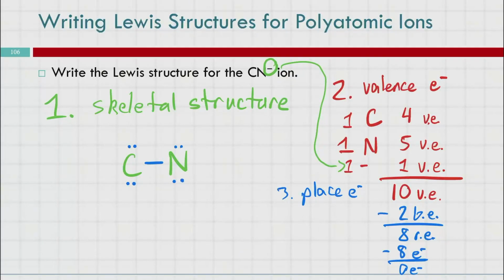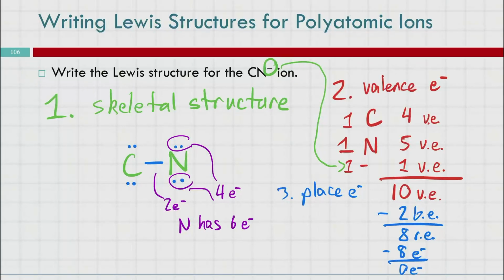Now we need to go through and check our octets. They're going to be the same. We've got 1 bond, that's 2 electrons. And we've got 2 lone pairs, so that's a total of 4 electrons. Nitrogen has 6 electrons. That'd be a hextet, which is not what nitrogen wants. Nitrogen wants an octet.